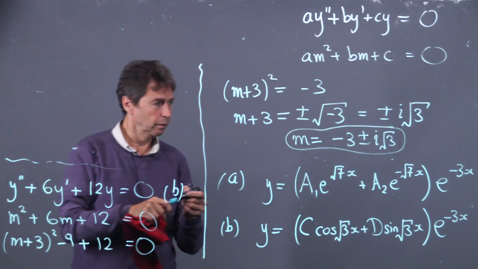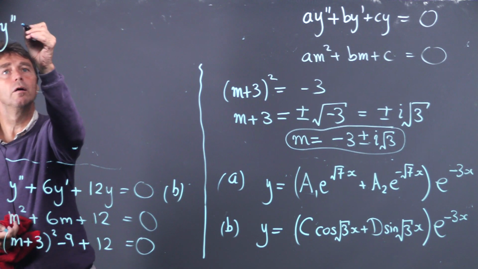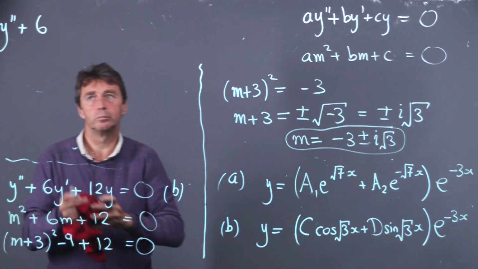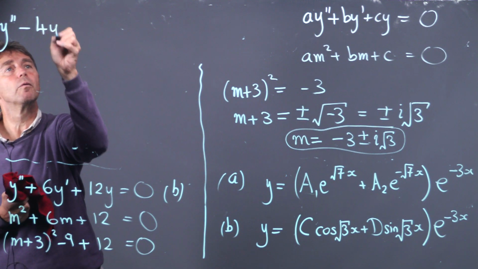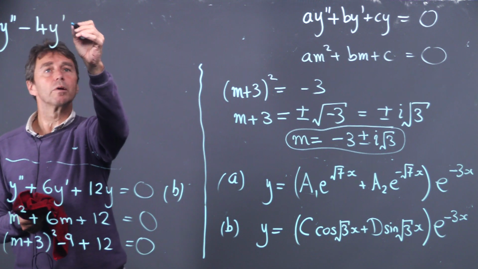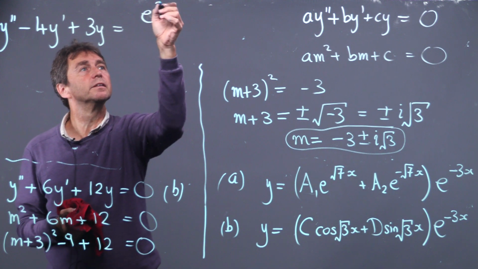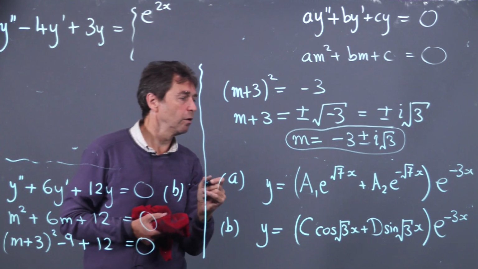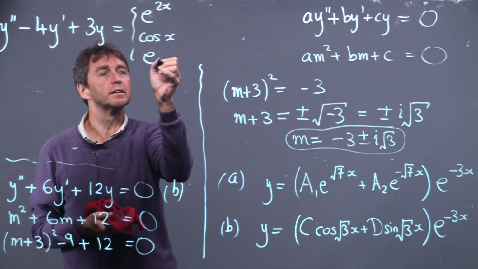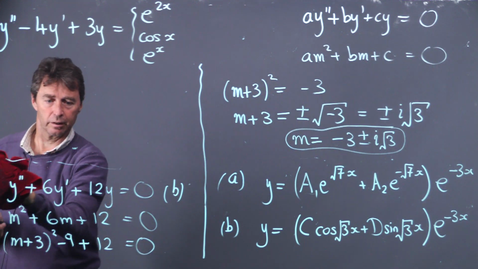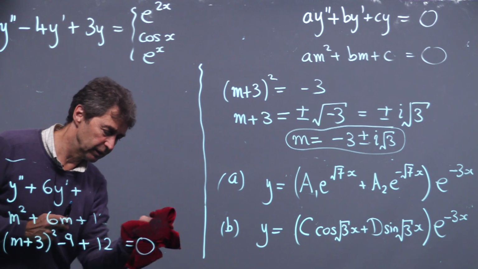We will do y double prime, oh, I'm doing the wrong one again, minus 4y prime plus 3y equals, let's do e to the 2x as one example, cosine of x, and e to the x as the three options for the right-hand side. So let's do those. And I'm not going to go through all of the algebra at this point. I'm just going to sketch things out.